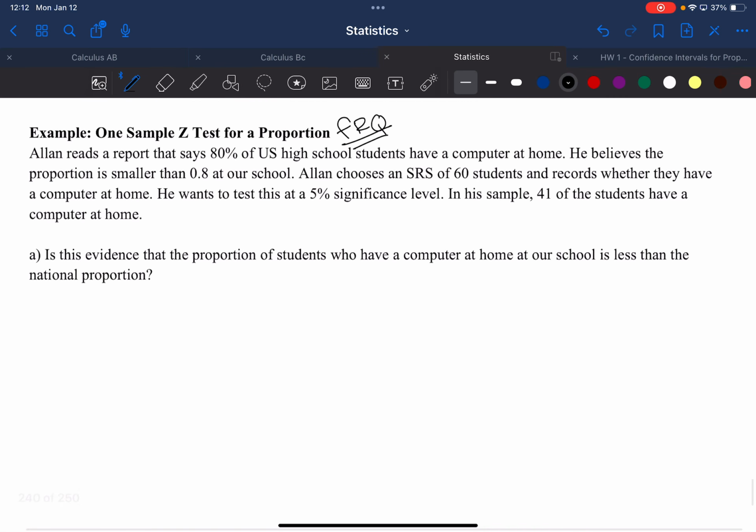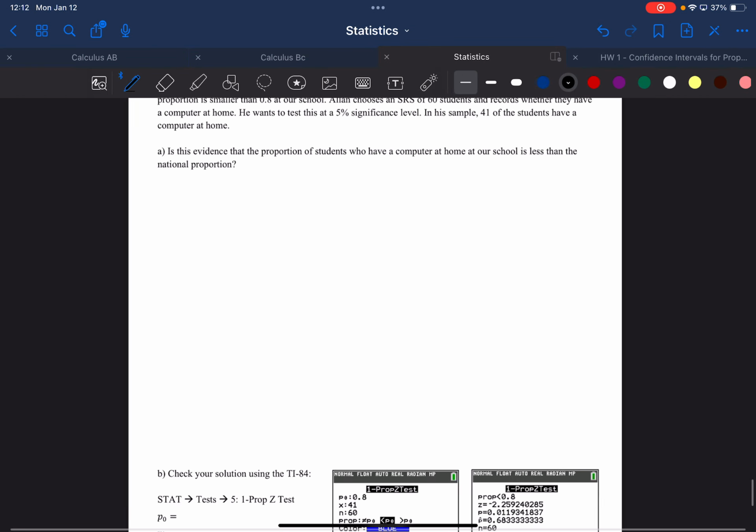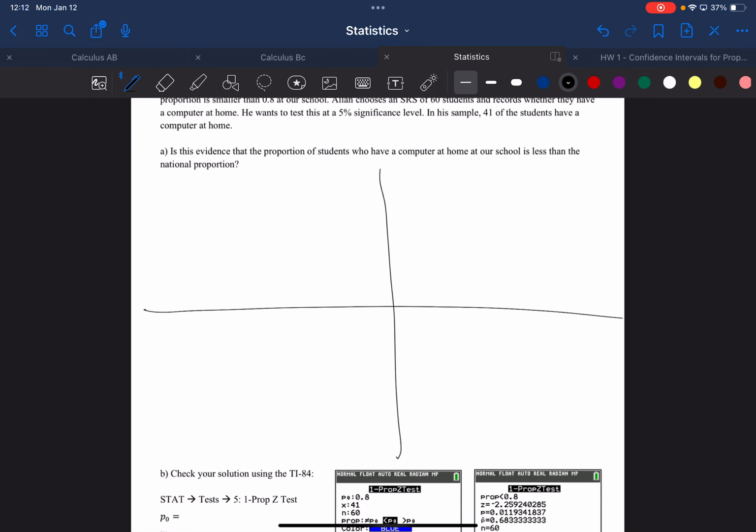So this is where I would write kind of small. If this helps divide up your space, put boxes here. Okay, so communicate, conditions, calculate, conclude. Just how it looks like on your homework where it gives you the boxes. Okay, if you're someone who feels like you're going to write too big, again, up to you.